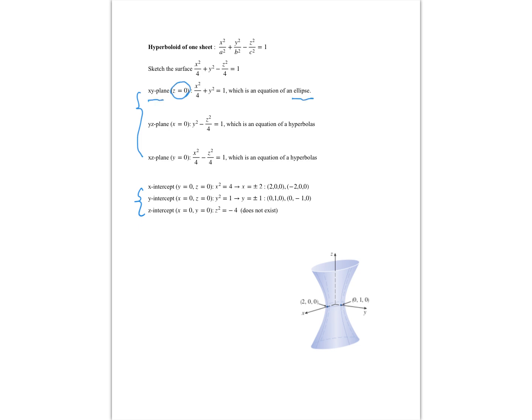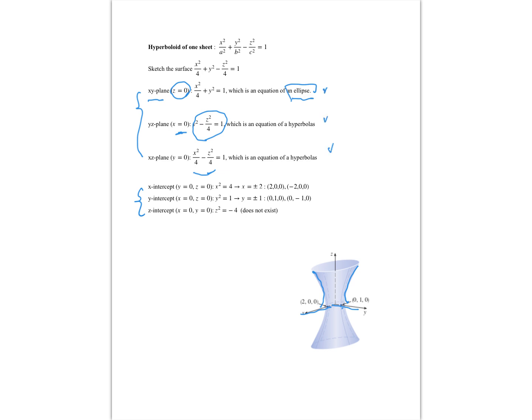When you plug in z, x squared over 4 plus y squared equals 1. That represents an ellipse. For the YZ plane, x equals 0, this one represents a hyperbola. For the XZ plane, y equals 0, this one is also a hyperbola. So each plane represents a different curve, and you make sure what kind of curve they represent in each plane.